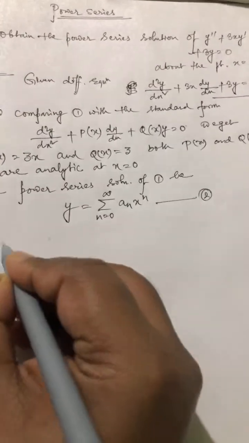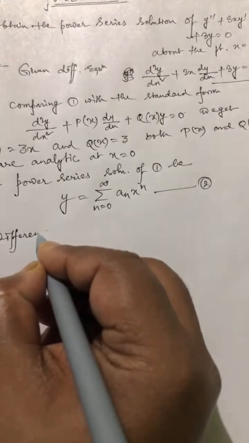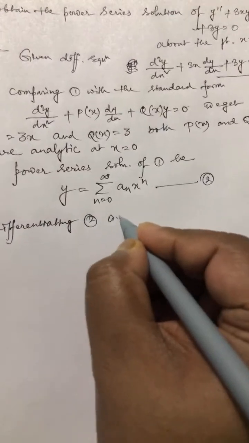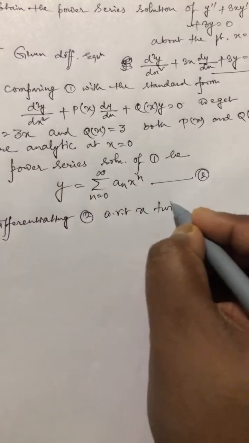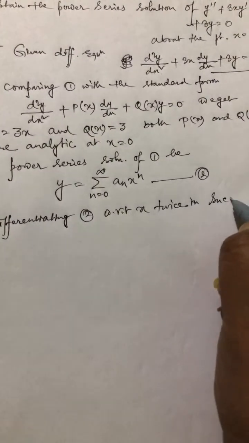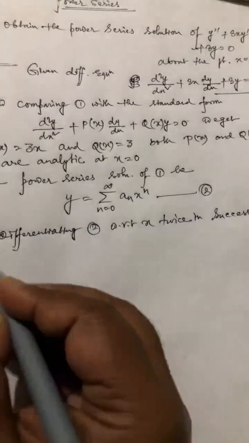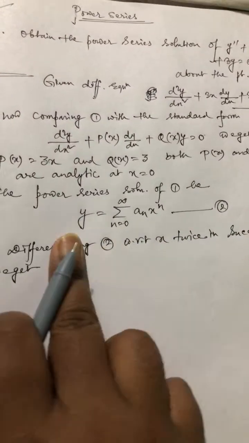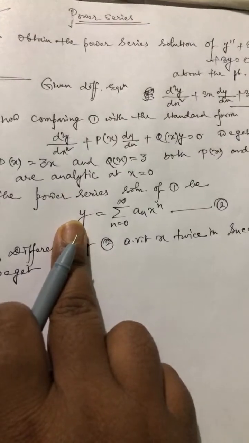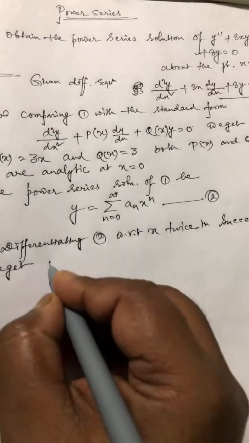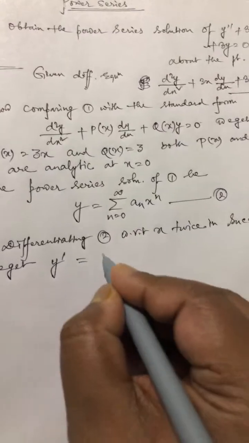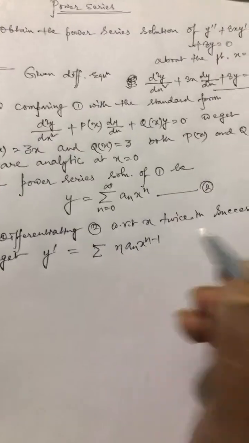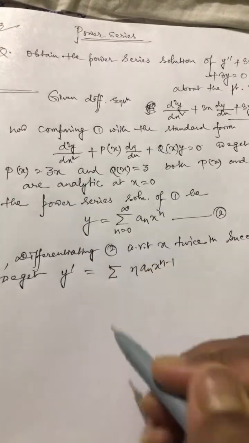So differentiating 2 with respect to x twice in succession, after the first differentiation you will get y dash, and after that y double dash. y dash will be summation n a n x to the power n minus 1, but don't forget the summation will be changed.